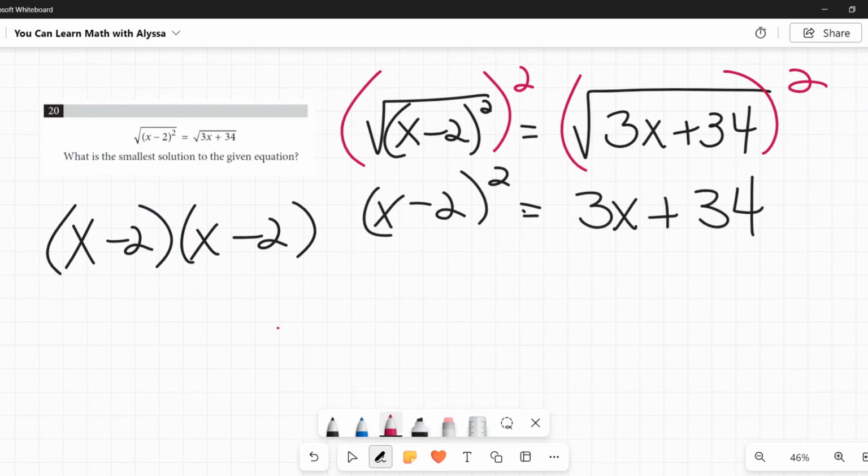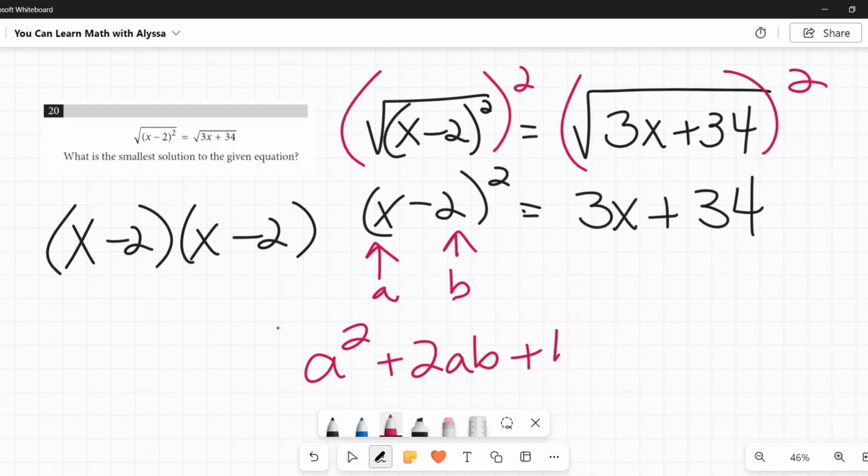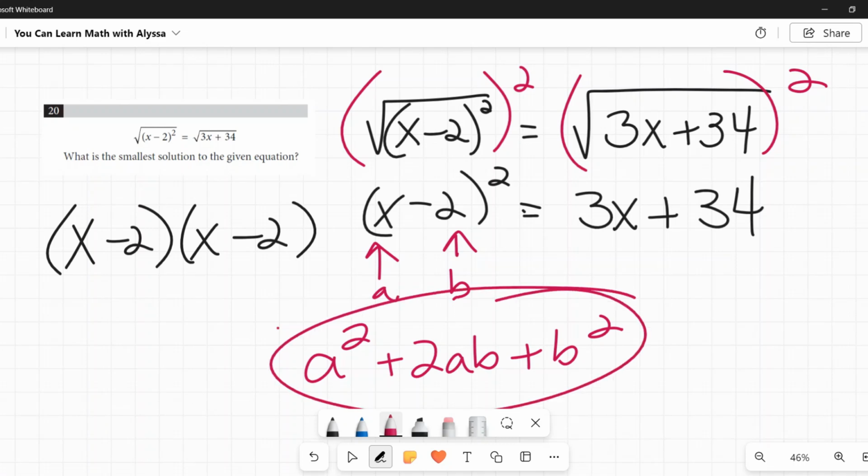Or if you know there's a pattern for squares, that if you have something that's squared, and this would be considered our A, and this would be our B, what you're going to get every time is A squared plus 2 times A times B plus B squared. This is the shortcut. If you memorize that pattern, you can do this very quickly. You don't have to go through FOIL.